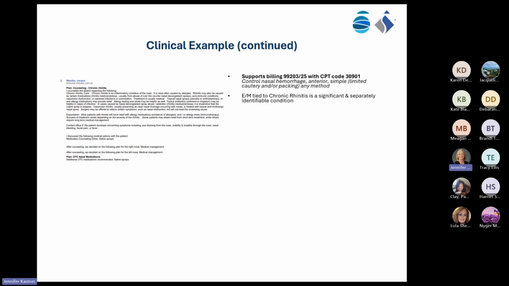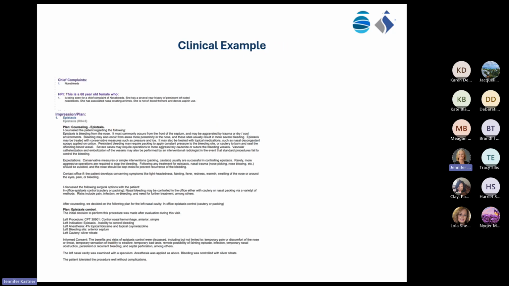Now, let's pretend they didn't document this chronic rhinitis, and this is literally the only thing in the assessment and plan. In this case, an E&M would not be separately billable, and only the procedure for cauterizing the nasal bleed would be billable, because everything described here, the informed consent, reviewing the problem area, expectations, the post-procedure directions, going back to that slide from CPT Assistant, are services included in the procedure.